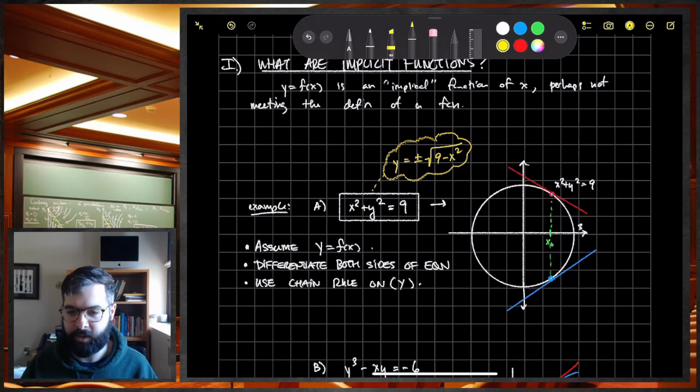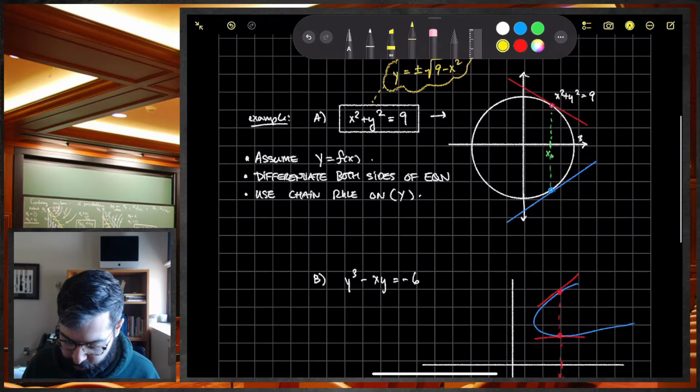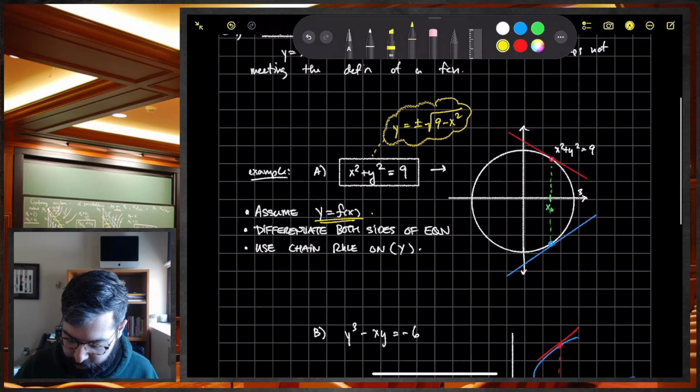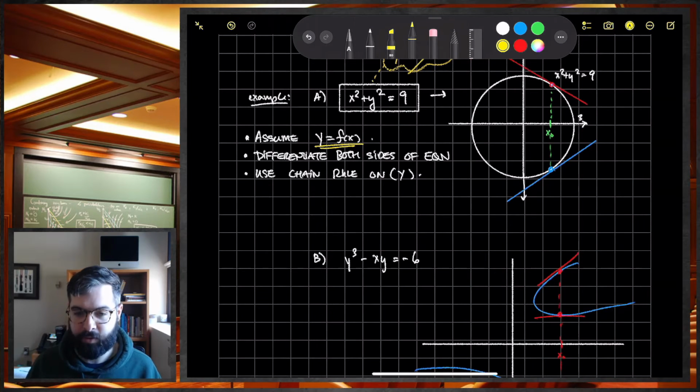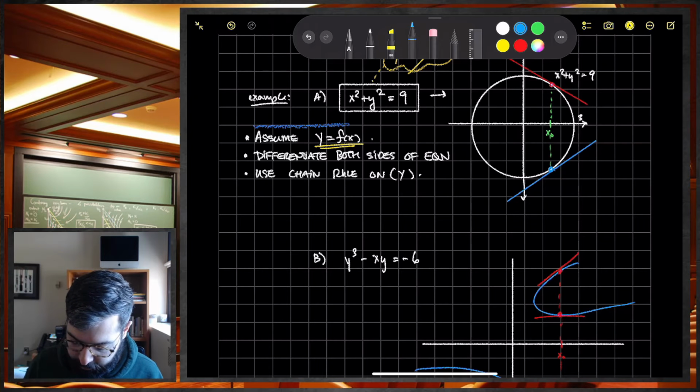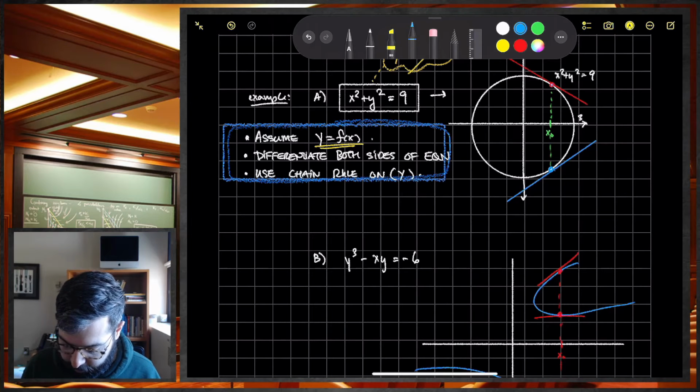It's not one singular function. So I can't solve explicitly for y in terms of x, which is the issue. So we have to assume that y is some function of x, differentiate both sides, and then use the chain rule whenever we differentiate y. So let's do that down below here.